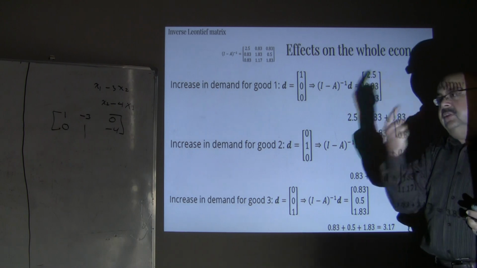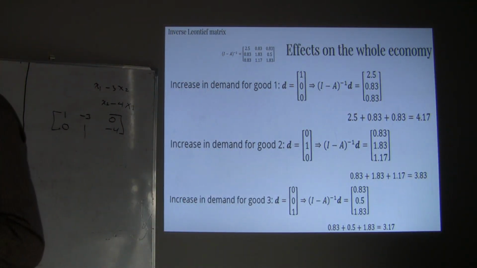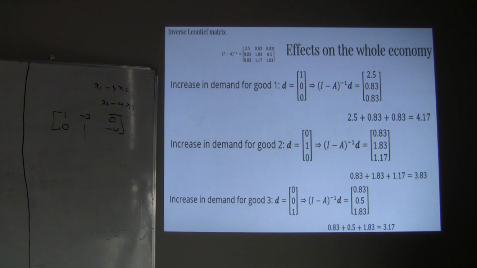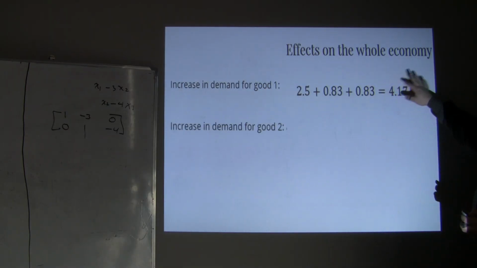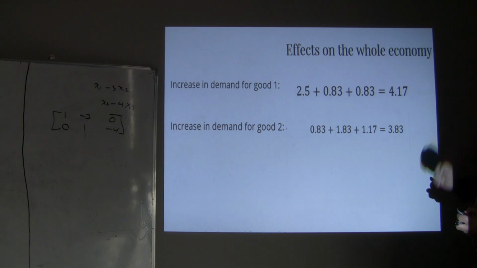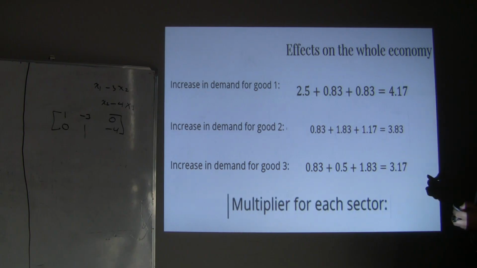So if you have one monetary unit increase in sector 1, this is going to be more dramatic on your production compared to the other sectors. Are you with me? Okay. Of course, this is also already answered in the specific effects of having an increase of one monetary unit in any of the various sectors, and these are the results. So you can use whatever.